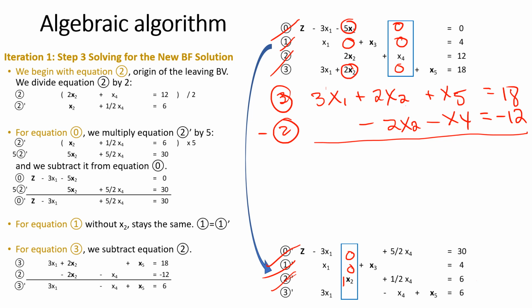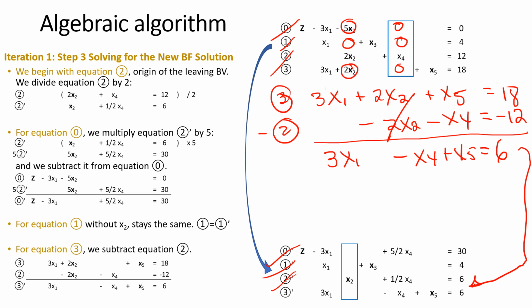What we're going to get is 3x1, 0 (these two are eliminated), minus x4 plus x5 equal 6. And this equation is the one that we got over here. So what we have done is this pattern, now we have it exactly here.